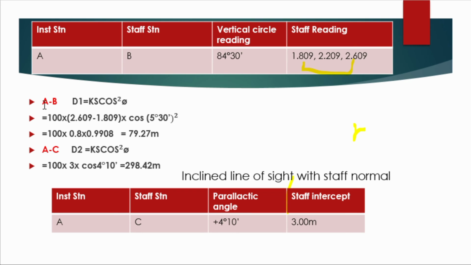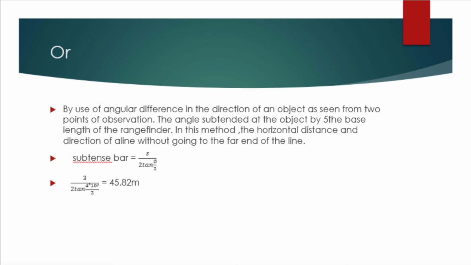So I calculated the distance A to B and A to C in order to get B to C. And again we have another concept, so I need you guys to see it through. By the use of angular difference in the direction of an object as seen from two points of observation, the angle subtended at the object by the base length, this is a range finder.